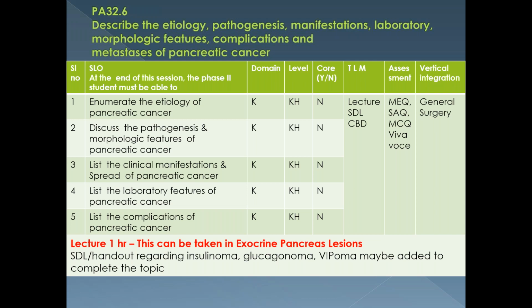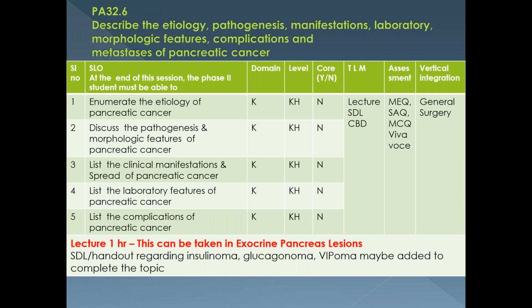If it can be included in exocrine pancreas lesions in the GI, it can be done. Otherwise, we'll do with one lecture and case-based discussion, and just a small handout can be given for the endocrine tumors of the pancreas like insulinoma, glucagonoma, and VIPoma.